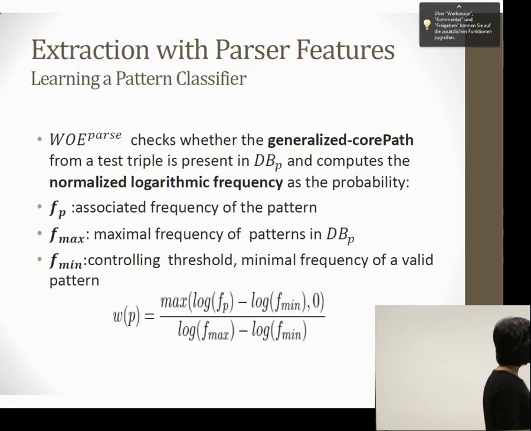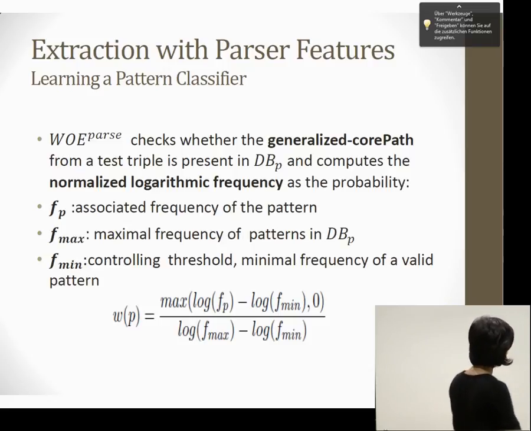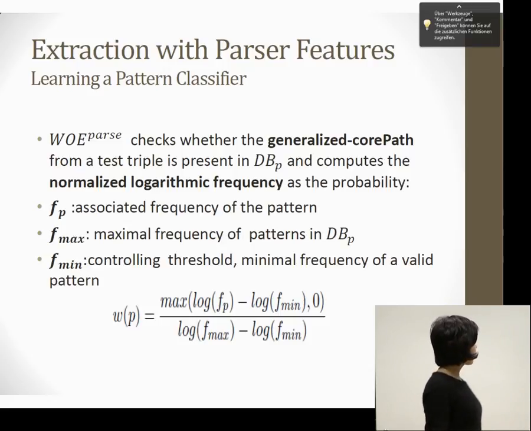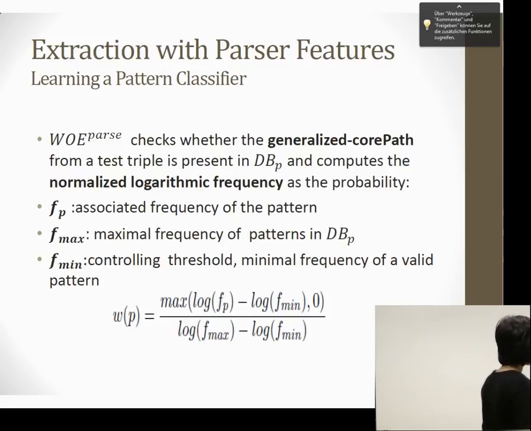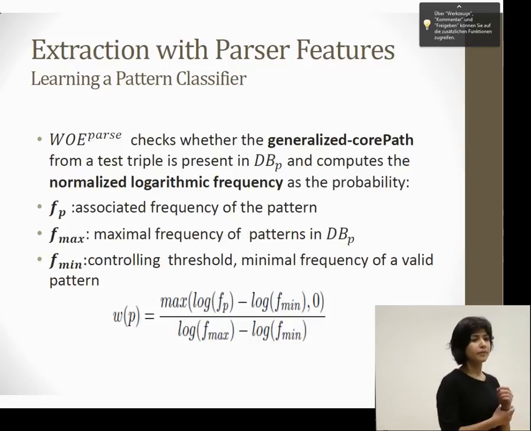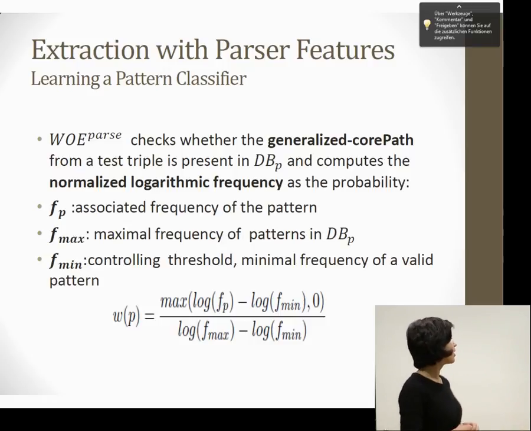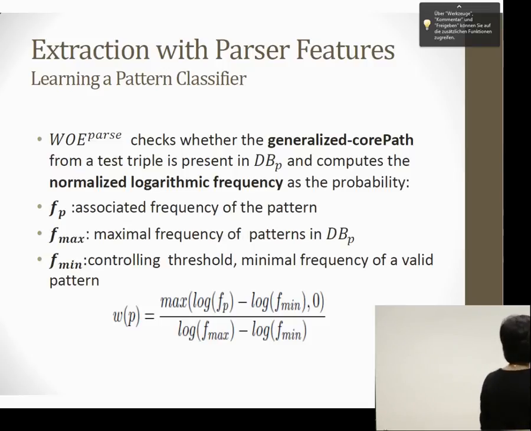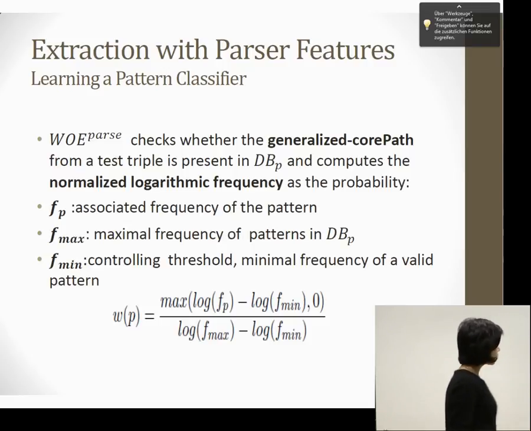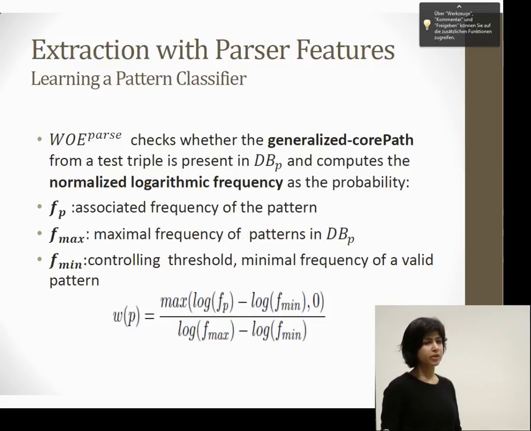We have f of pattern, the associated frequency of the pattern, f of maximal frequency, and f of mean, which is a controlling threshold. So if the frequency of the pattern is less than the threshold, it will give a weight of 0 to that, so it wouldn't consider that pattern.